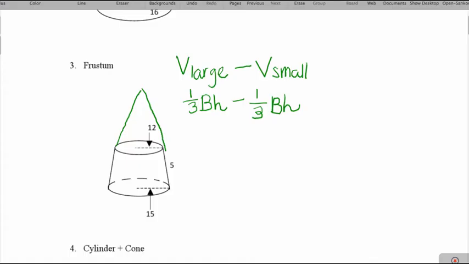So let's go ahead and draw in those missing heights. And notice that we have two similar right triangles here. To get the height, we need to figure out what the corresponding side ratios are equal to. So we know that 12 over 15, those are corresponding sides in those similar triangles. I'm going to highlight them right here.